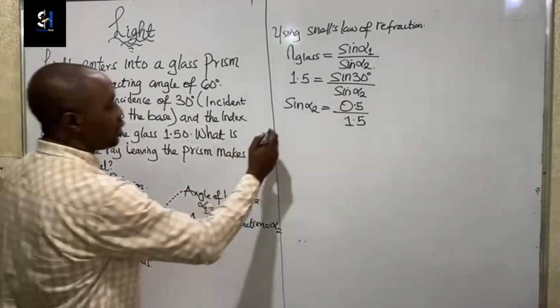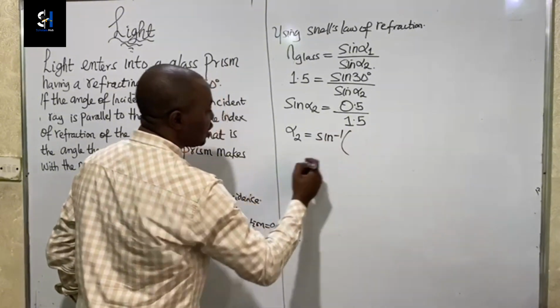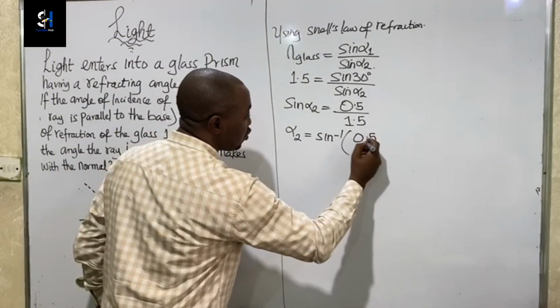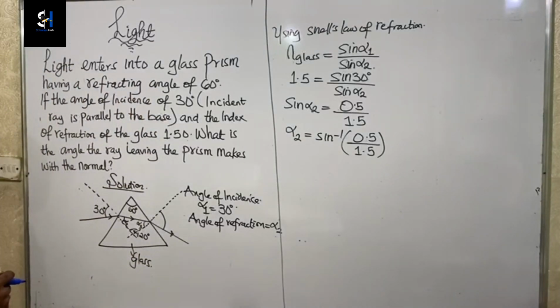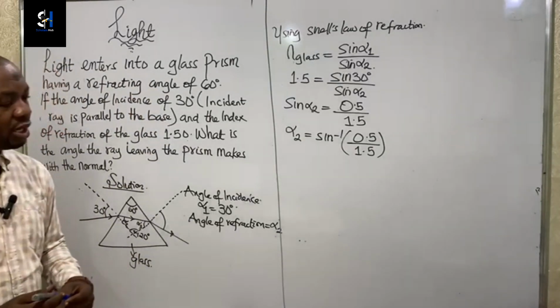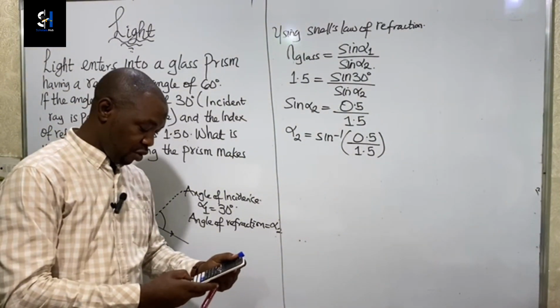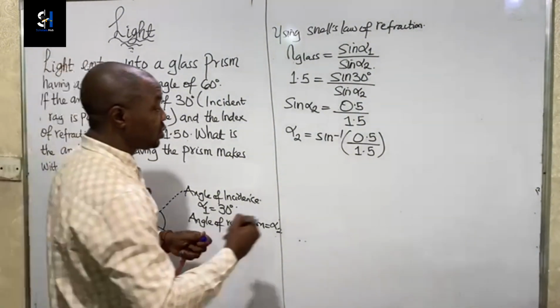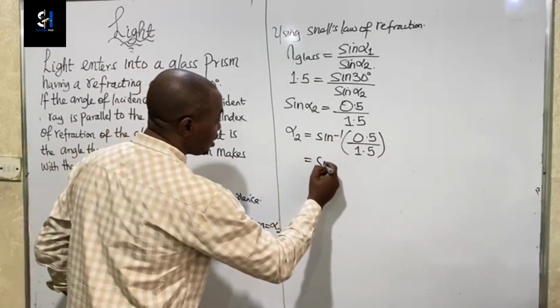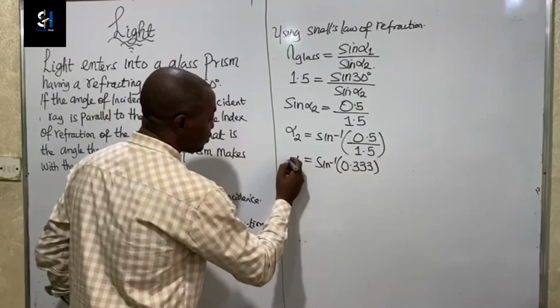All right, so let's get the value for alpha 2. The value for alpha 2 will be inverse sine of 0.5 over 1.5. When we divide 0.5 by 1.5, we get 0.33. So this will be the inverse sine of 0.33.